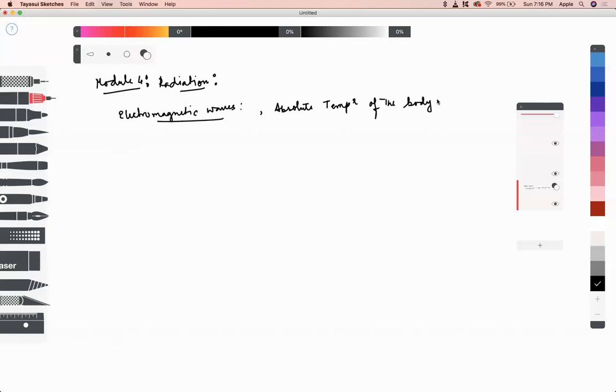Now, when it comes to radiation, like all electromagnetic waves, you can see it falls under this particular spectrum, and here on the leftmost side you will have your gamma ray. After that, you get your X-ray.